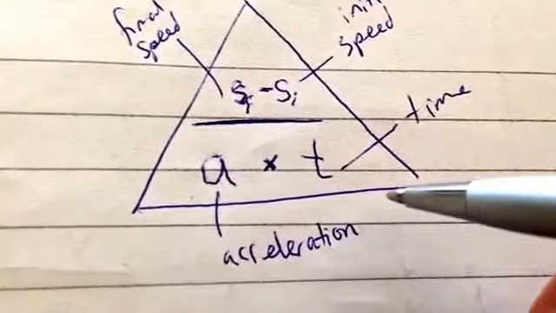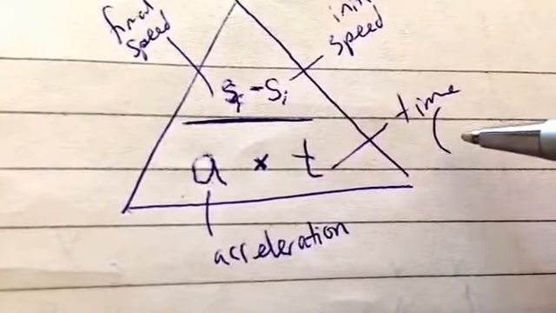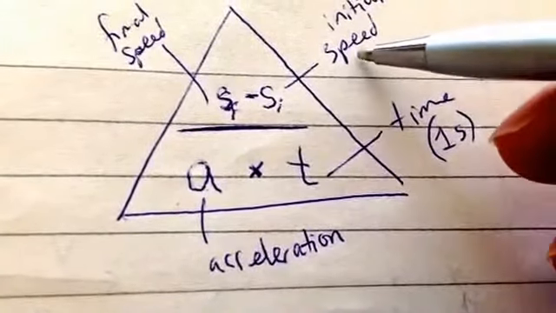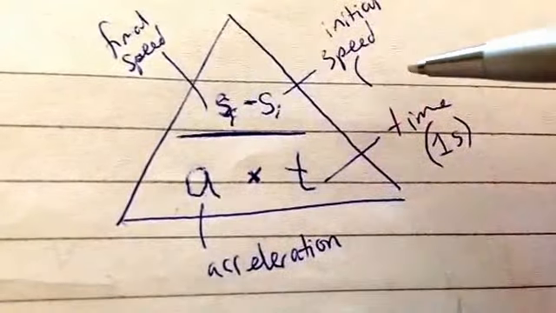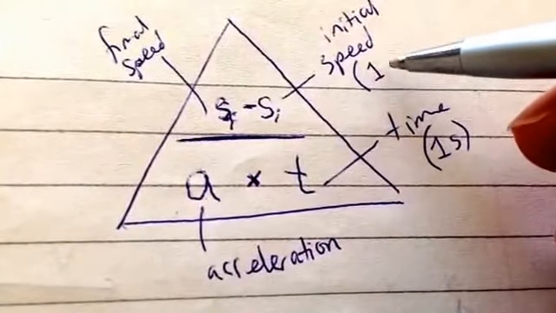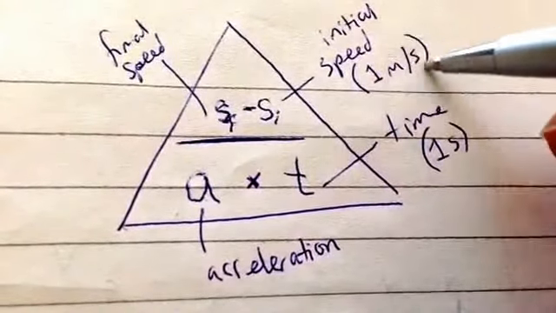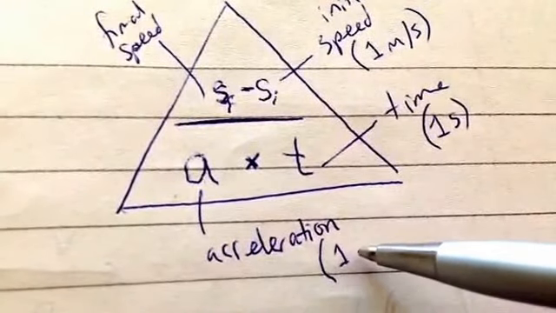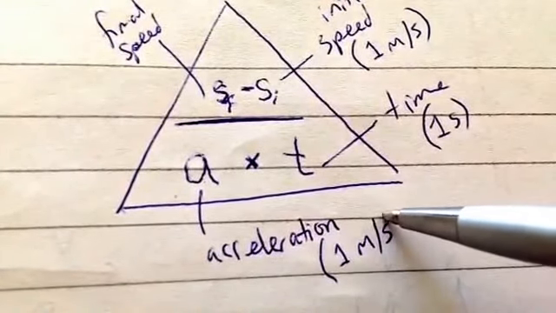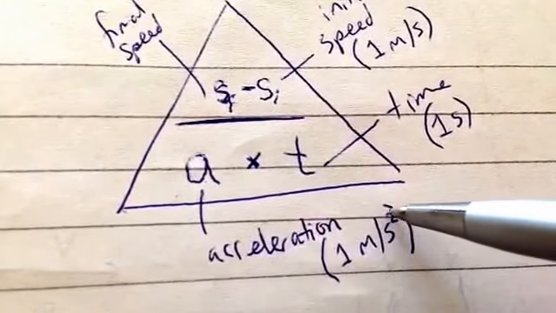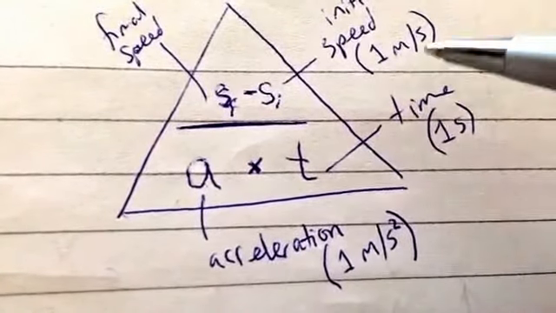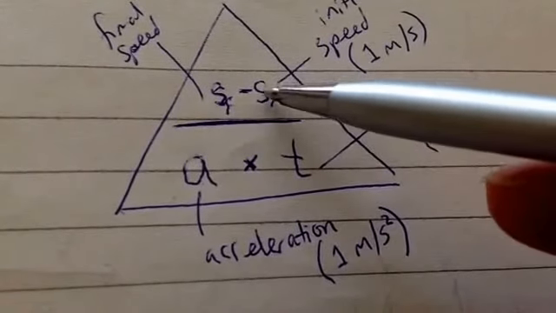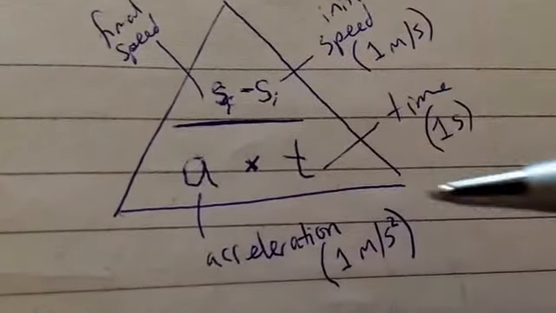Just make a note of the units that they're measured in. Time is measured in seconds, so we for example have 1 second. Initial speed and final speed are both measured in meters per second, so we would have 1 meter per second. And acceleration is measured in meters per second squared. So there's a 2. This will help you to find which numbers from the question are needed and where they go in the formula.